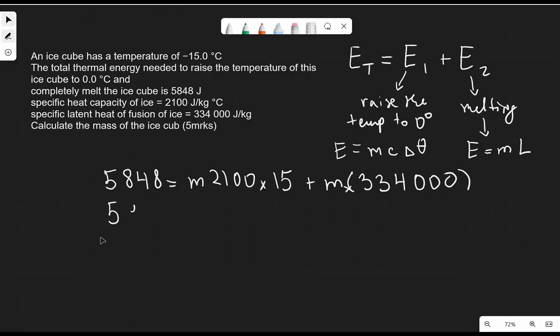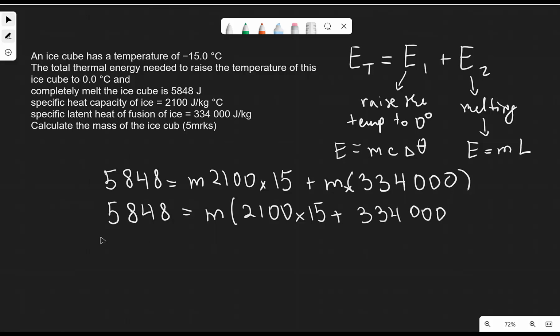So I'm going to get 5848, and then just like in maths, I'm going to factor out m, and what I'm left with is 2100 times 15 plus 334,000. So I've just taken m outside of the brackets.